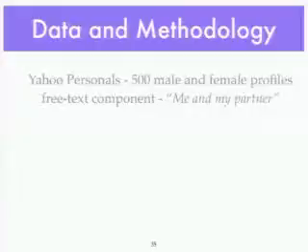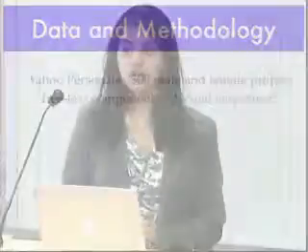So we took a bunch of profiles from Yahoo Personals, which you all might know, is a paid dating site, which means the quality of data is very good. We took 500 male and 500 female profiles and analyzed the expression component, the free text component, which was the me and my partner section, where they talk about themselves and also talk about what they're looking for.